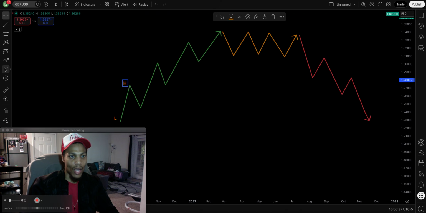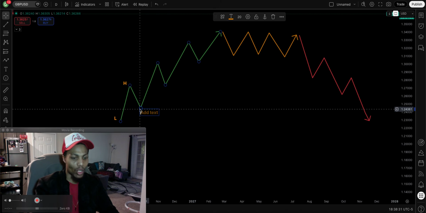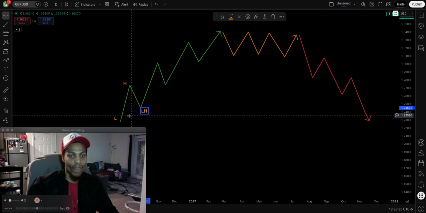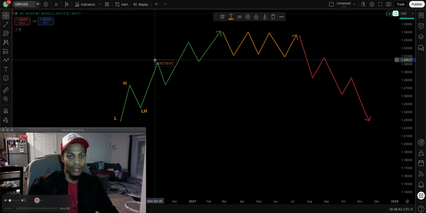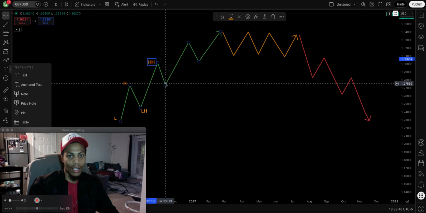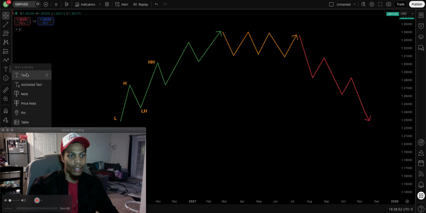And then you have price making a lower high. What does a lower high mean? A lower high means that it failed the previous low, and then it ended up breaking this high, making a higher high. Constantly making a lower high followed by a higher high.